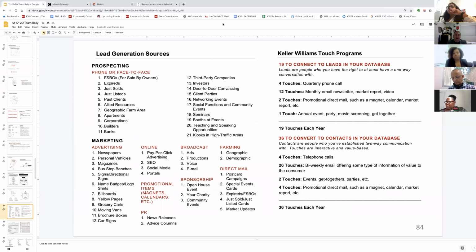This here on the right is the new 36 touch, which was the 33 touch in the red book, and the 19 connect. So many folks are adding these two together, which is a very heavy touch to your database to generate leads.